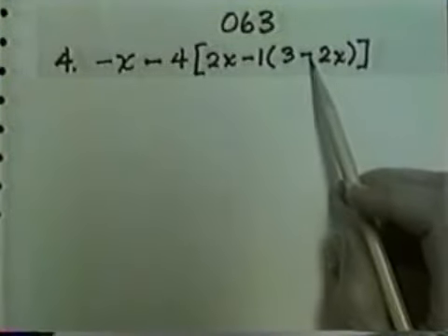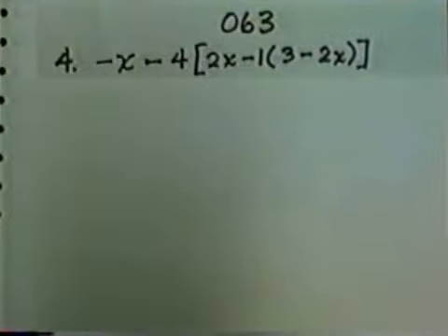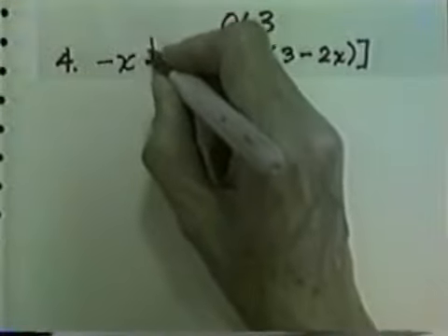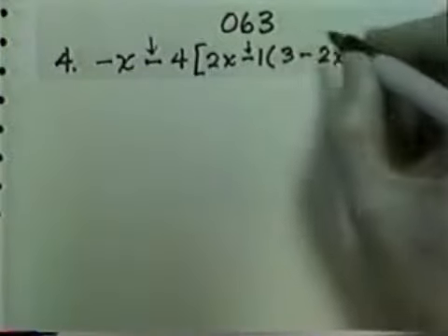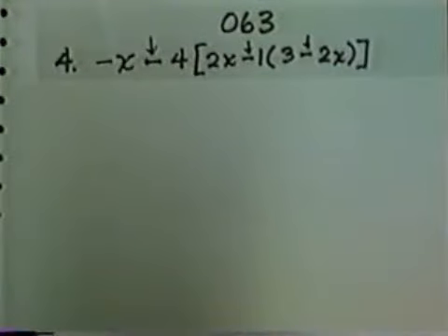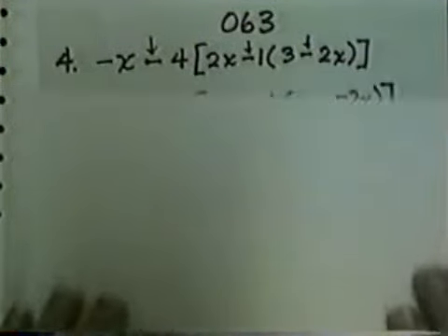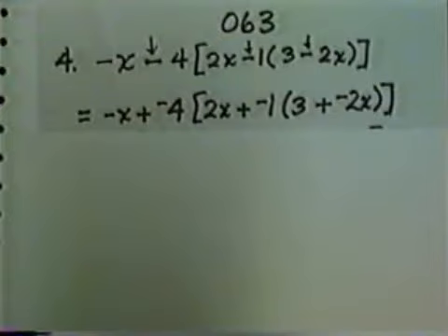Within the parentheses we have subtract also, and that will be changed to add the opposite. So in our problem we have 3 subtractions. Here's 1, here's 1, and here's 1. Each of those subtractions will be changed to add the opposite. Notice that's exactly what happens in the next line.